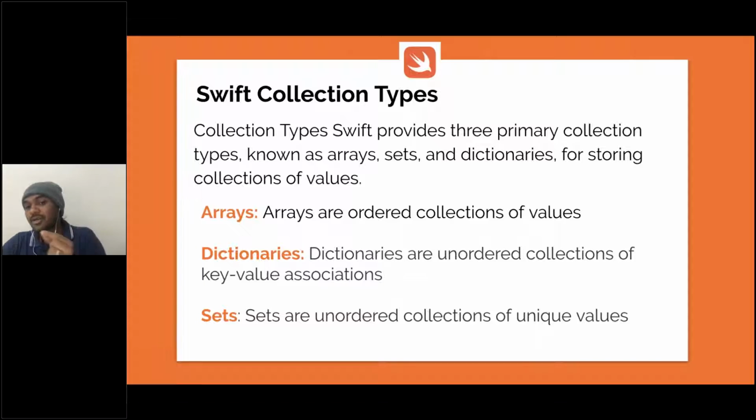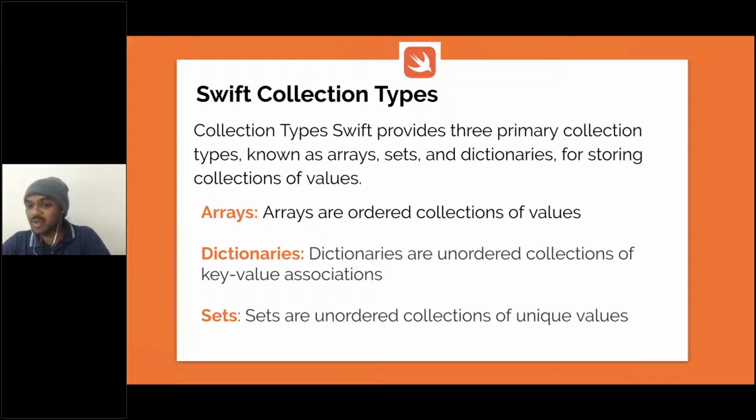Whereas sets are unordered collections of unique values. The difference between arrays and sets is that in arrays you maintain the elements in order. In whichever order you added the elements, they will exist in the same order. Order is guaranteed, but elements can be duplicated. That means an array can maintain duplicate values, whereas a set doesn't maintain any duplicate values.